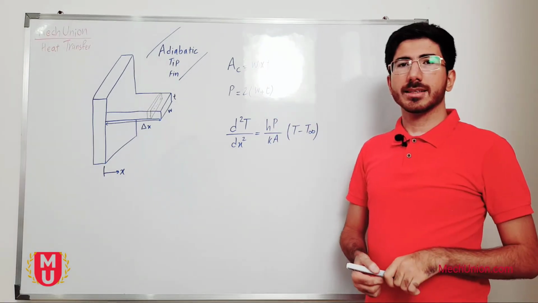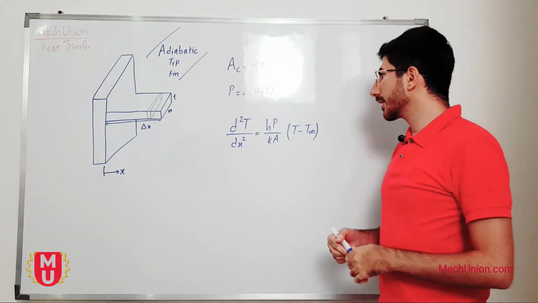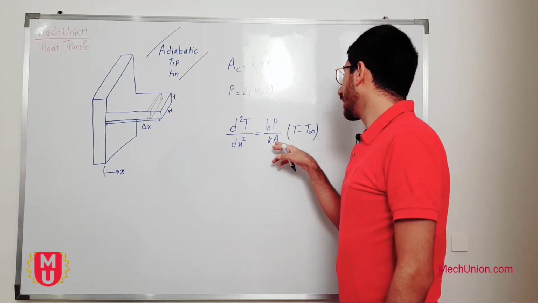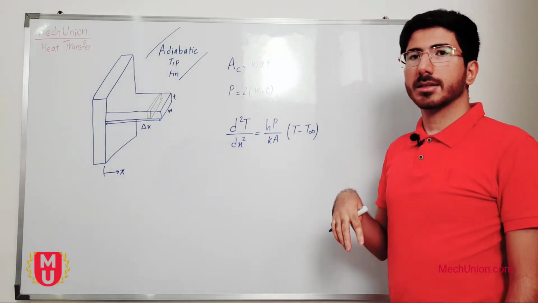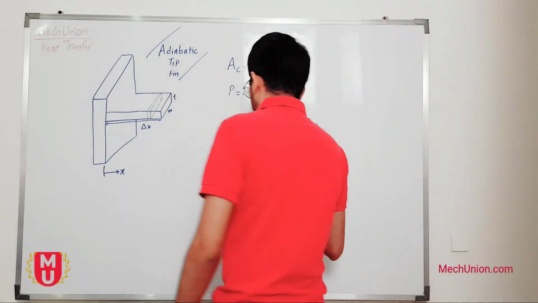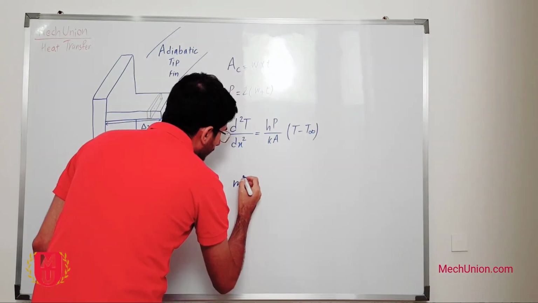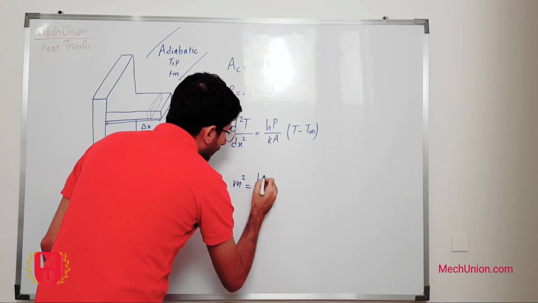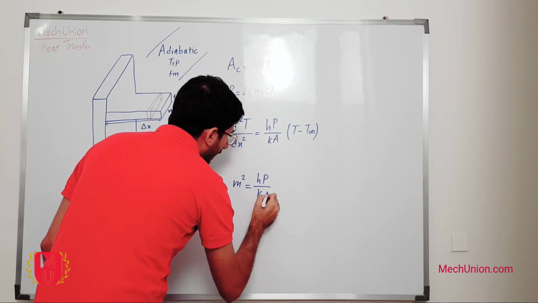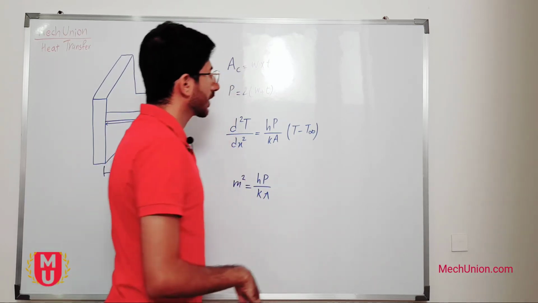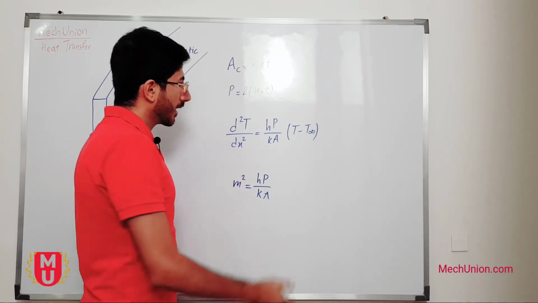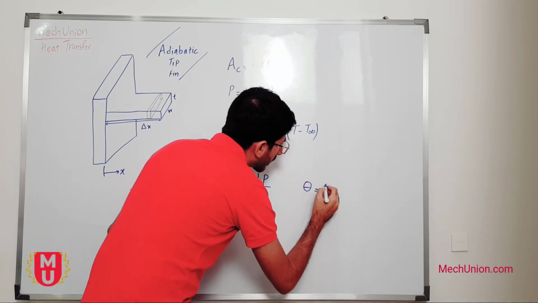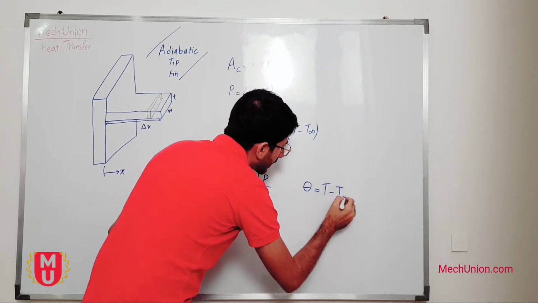In order to make it easier, we consider some changes in variables. As h, P, K and Ac are all constant and positive, we suppose m2 equals hP over KAc. And for temperature variation, we have theta equal to T minus T infinity.